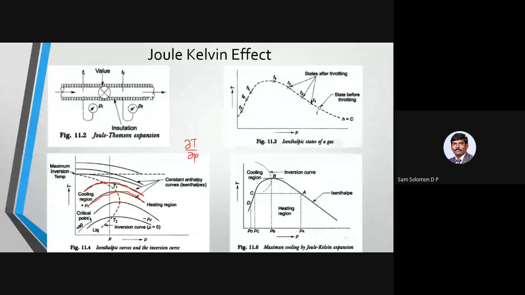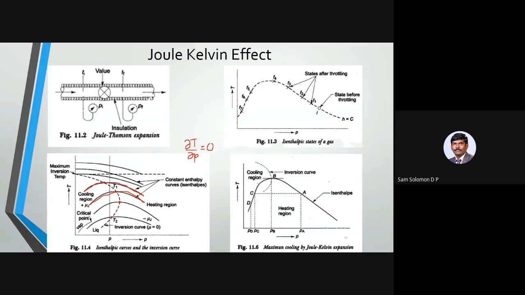That is why I said the first order derivative will be equal to 0 in case of a maximum. So at the maximum points, your partial T by partial P will be equal to 0. And if I am able to join all these maximum points, then I get another curve.